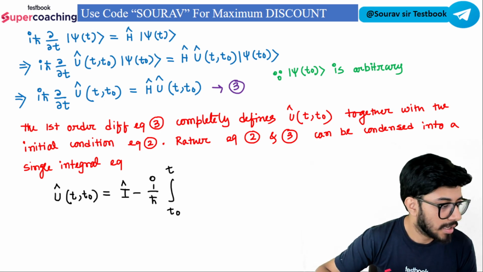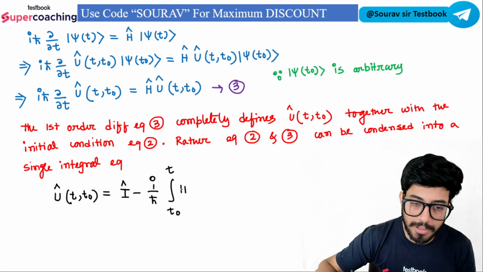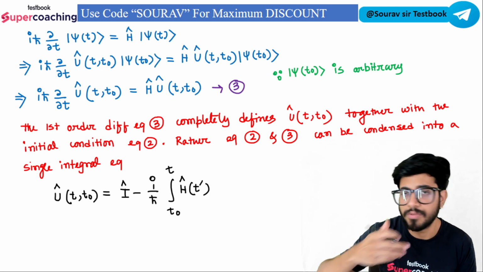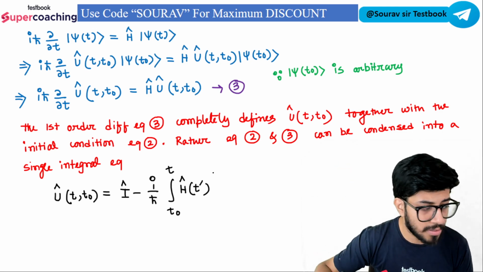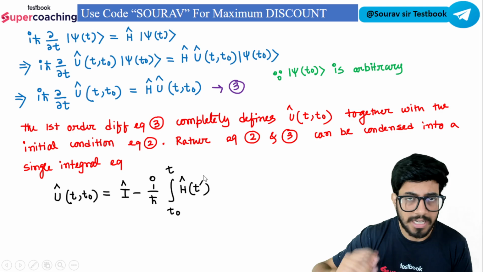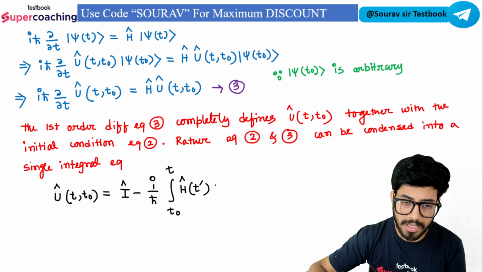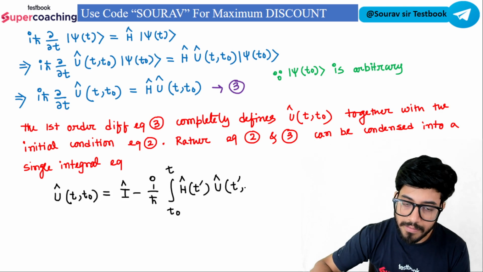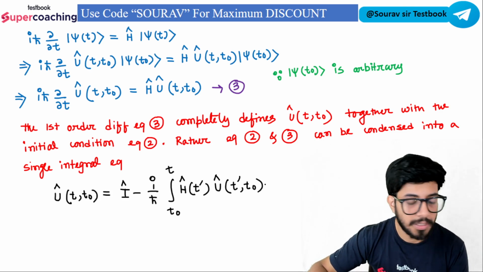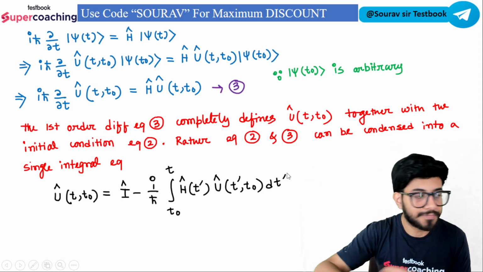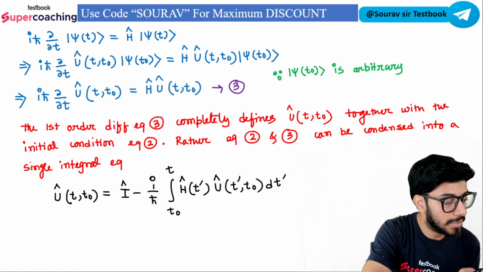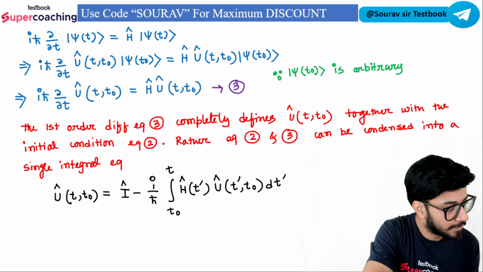Here you're going to get the Hamiltonian operator, which can be taken as a function of t dashed, because you don't know whether the system is conservative or not. If it is conservative, the Hamiltonian will not depend explicitly on time; if not conservative, it will. u cap of t dashed comma t0 dt dashed. You can write it like this.